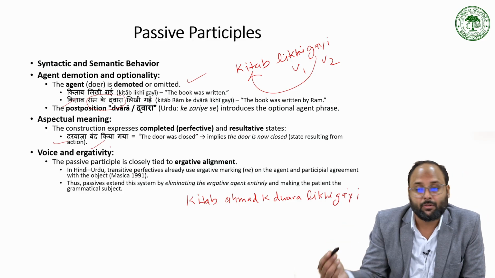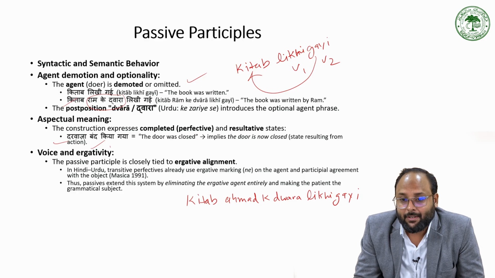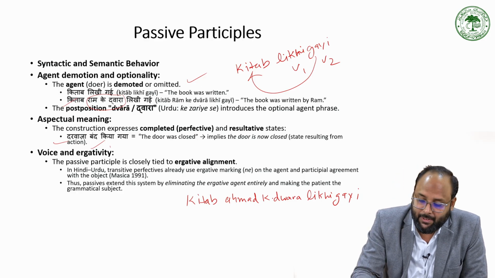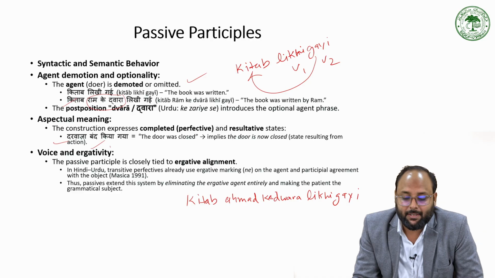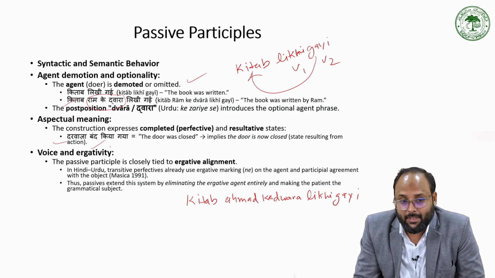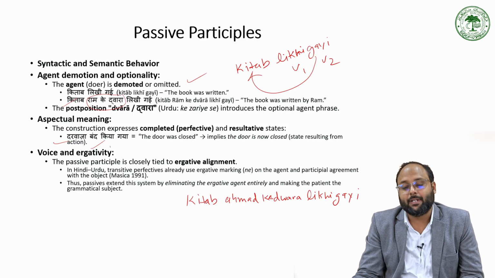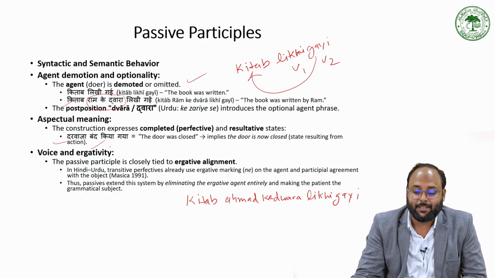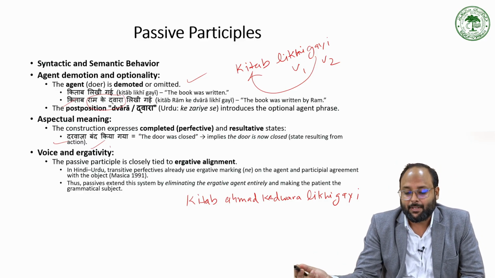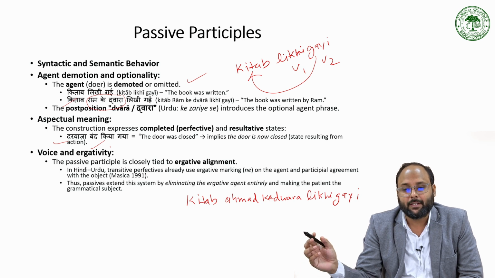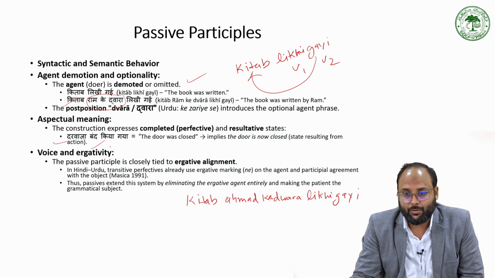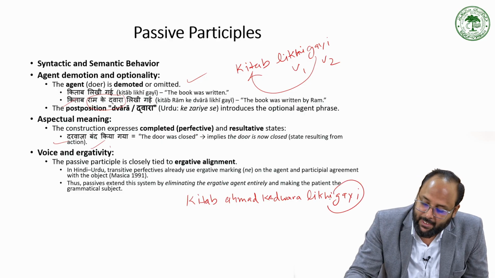So here Ahmad also does not take the ne, because it is in the passive form, so it is actually taking the के द्वारा or के जरिए. So it does not take the ne marker. We are not saying किताब ने लिखी गई, or किताब ने अहमद के द्वारा लिखी गई, or किताब अहमद ने लिखी गई. It is wrong to say so because of this gai, which is the intransitive verb.